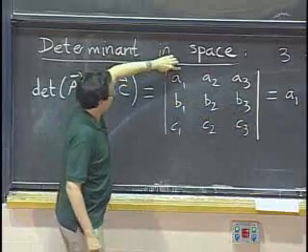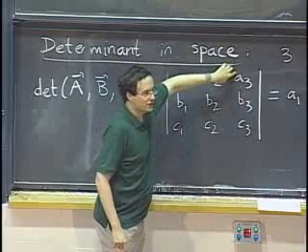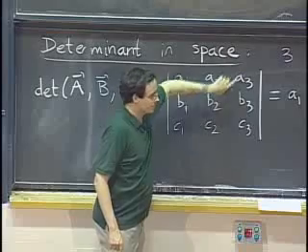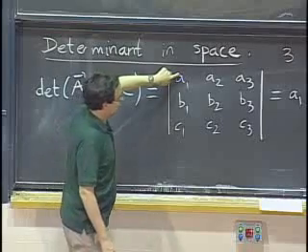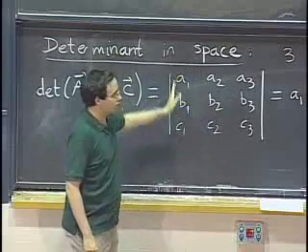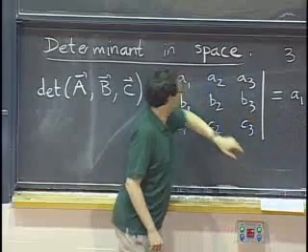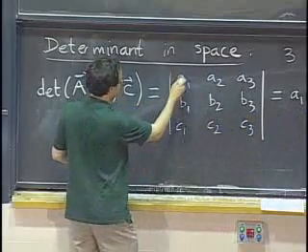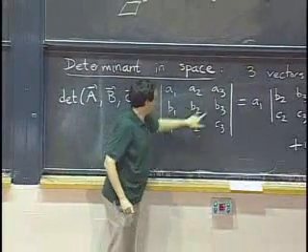So we're going to take the entries in the first row, A1, A2, A3, and for each of them, we get a term. Namely, we multiply it by a 2 by 2 determinant that we get by deleting the first row and the column where we are. Okay, so here, the coefficient next to A1 is, well, we delete this column and this row, and we're left with B2, B3, C2, C3.